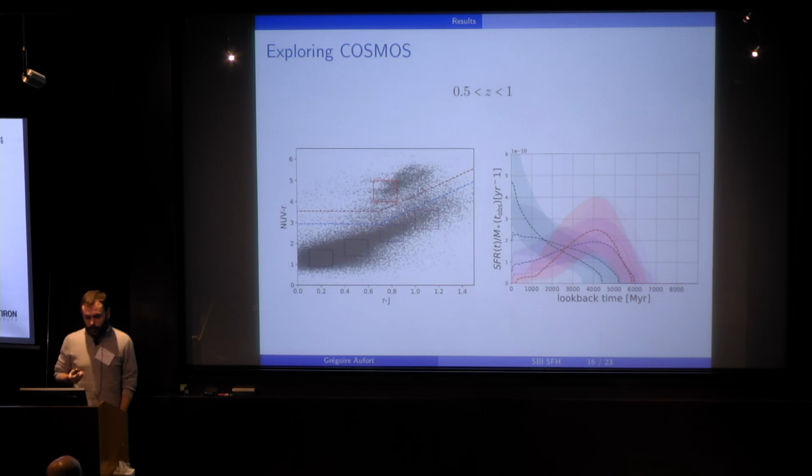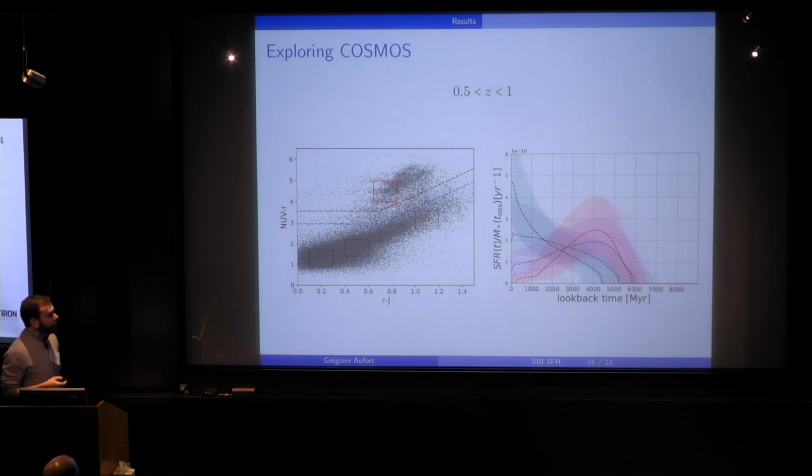Now, obviously on those galaxies I don't have the true SFH. Otherwise, I wouldn't be here. But I can check that it behaves like I expect. So if I take an NUV-RG diagram, where the absolute magnitudes have been estimated by LePhare, I'm expecting everything above the red line to be passive galaxies that have been quenched at some point.